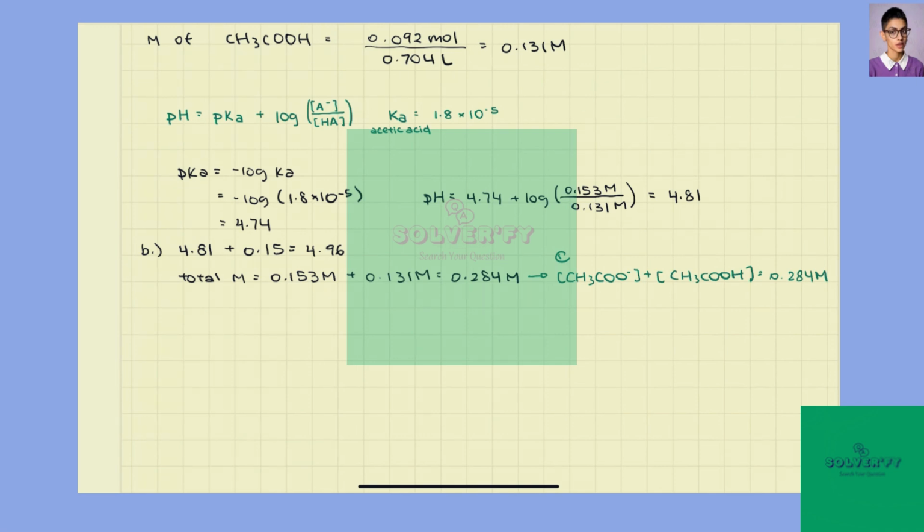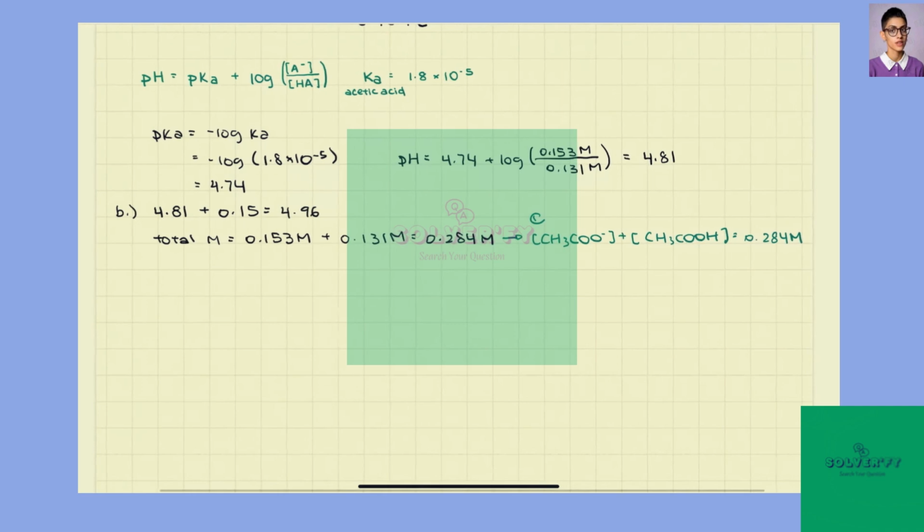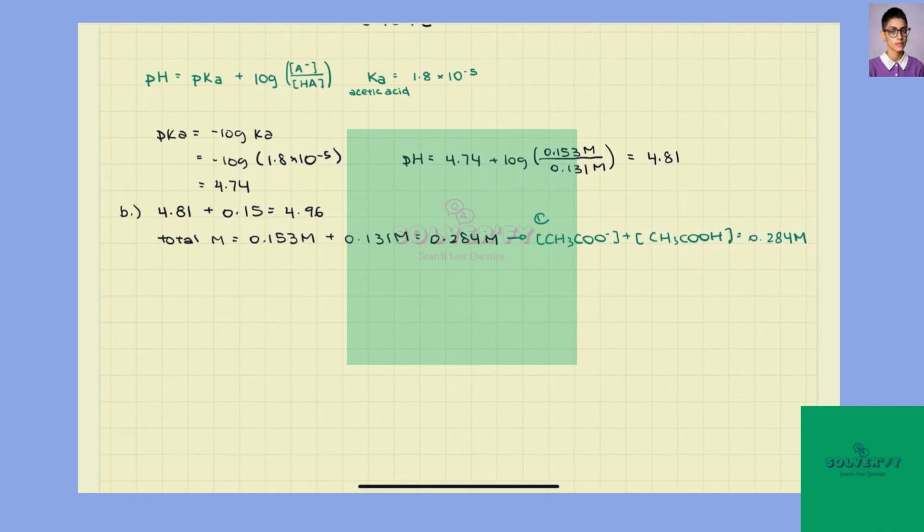And we can plug in our information now into the Henderson-Hasselbalch equation to find the ratio of the acid and the conjugate base.